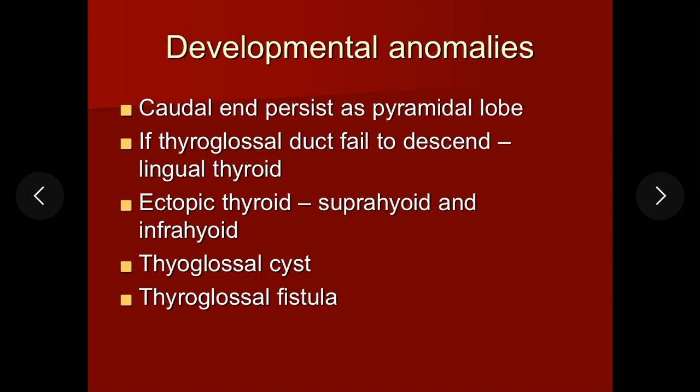These are some of the developmental anomalies that should come to your mind once you think of the thyroid gland. One, it could be a lingual thyroid, ectopic thyroid, then thyroglossal cyst, thyroglossal fistula, plus the pyramidal lobe. So this much detail of the development I think you can remember.